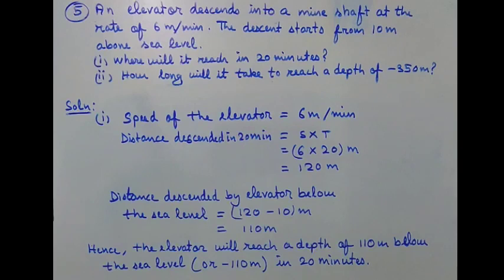Clear? Minus, negative 110 meter, why? Because it is below the sea level. Directly we can say minus 110 meter, or if we are using the term below the sea level, then we can simply say 110 meter below the sea level. So I hope this is clear to you.